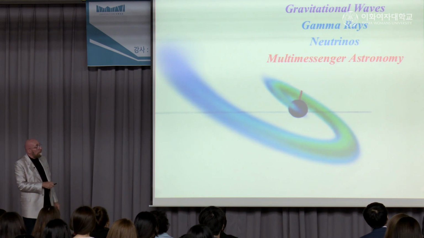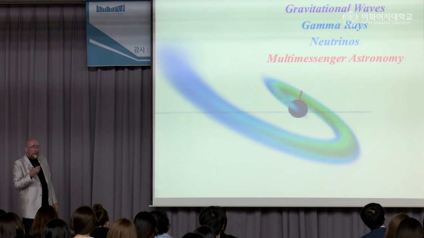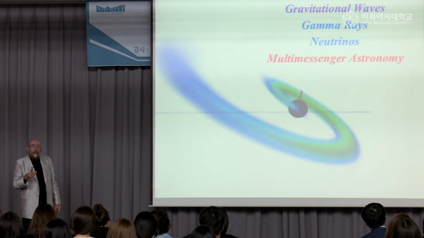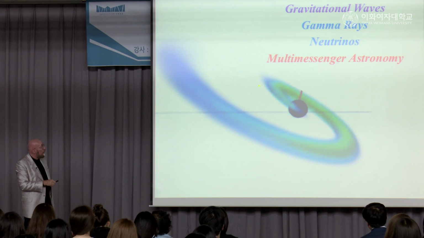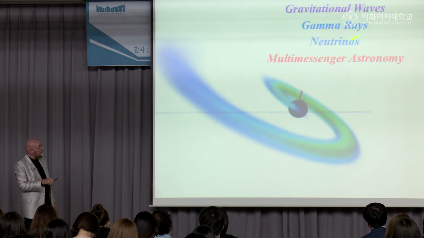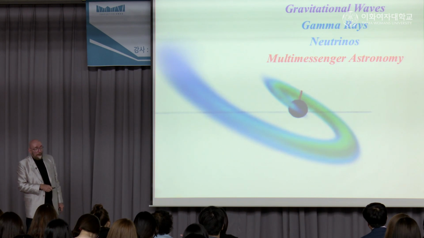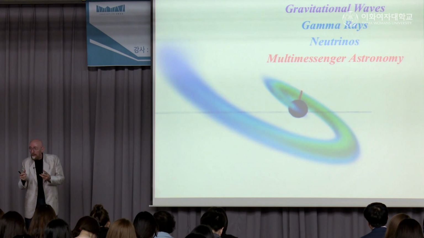This is the foundation for what we call multi-messenger astronomy. We will see gravitational waves from the orbiting motion and the collision. We will see gamma rays and neutrinos from the very hot neutron star matter when the star is thrown apart.